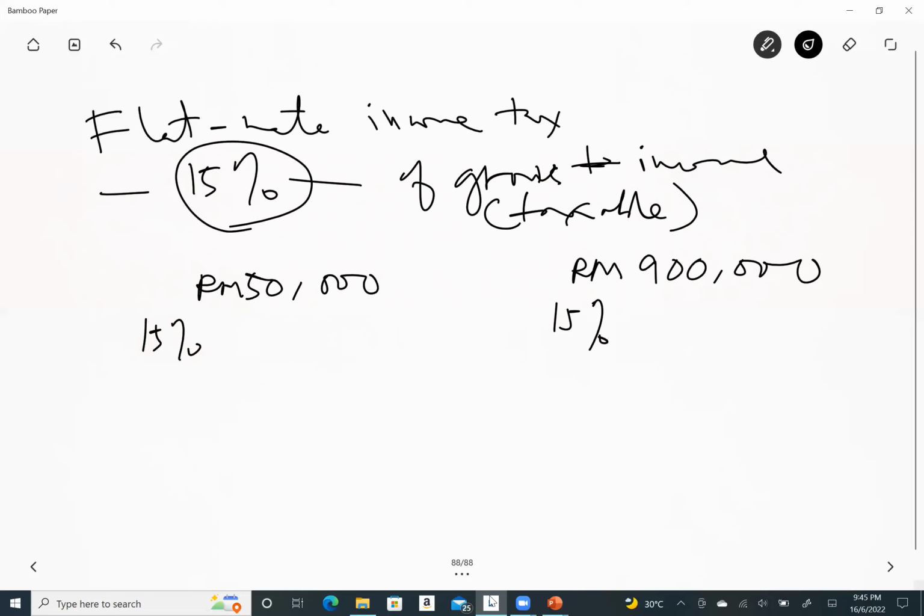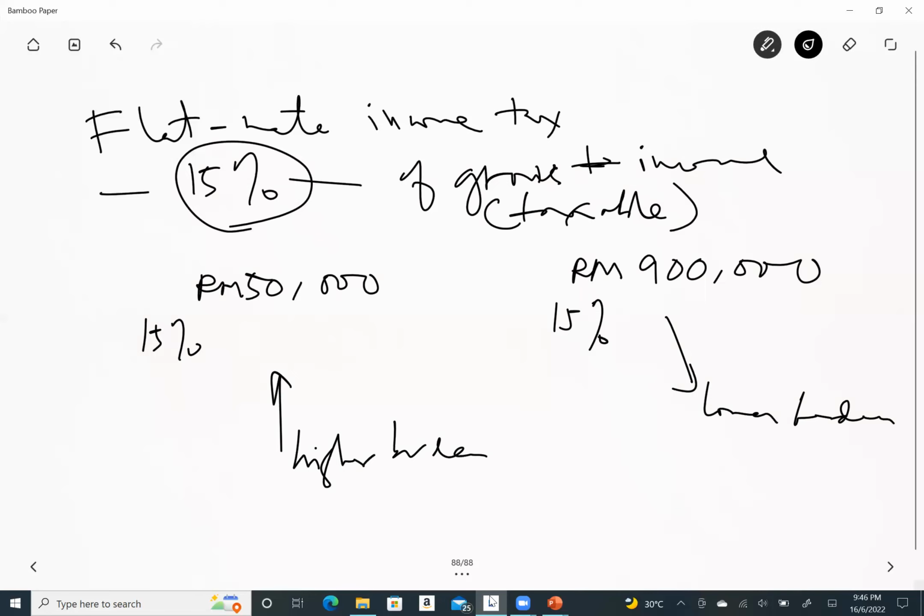They pay some amount, but in terms of burden, this guy here has a higher burden and this one here a lower burden, because the percentage is the same but the other guy has a higher income level.